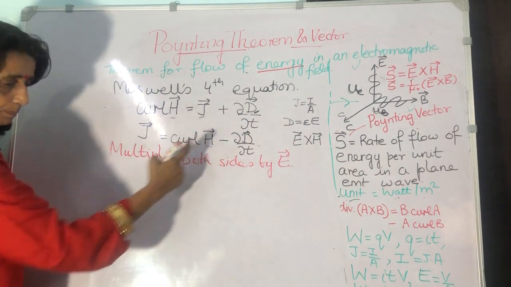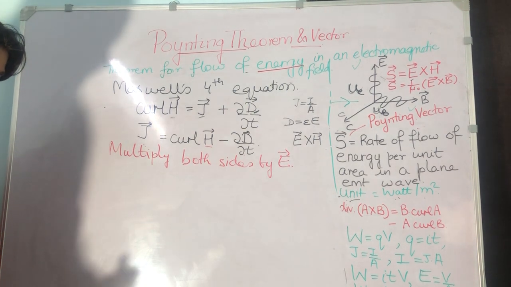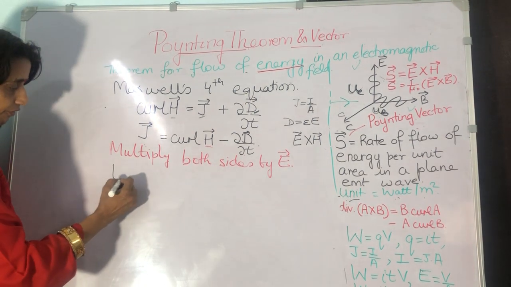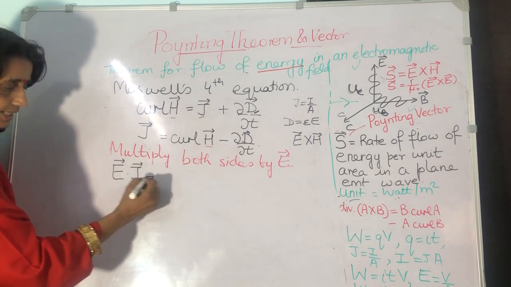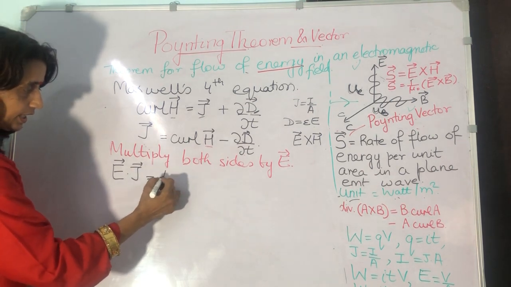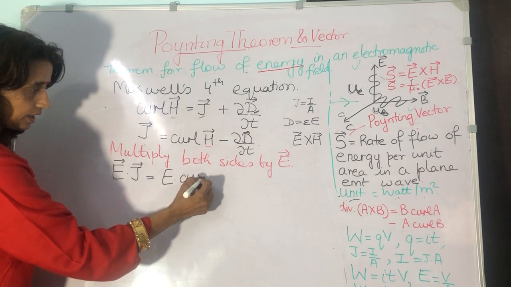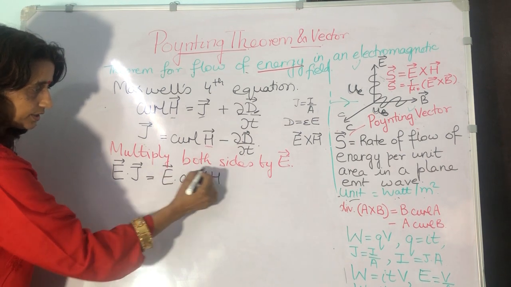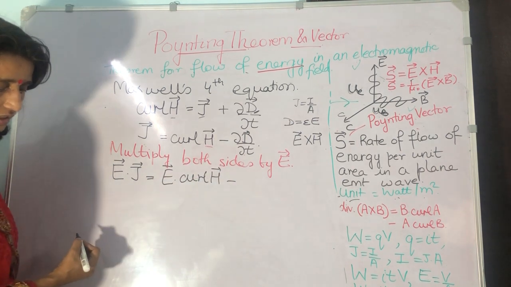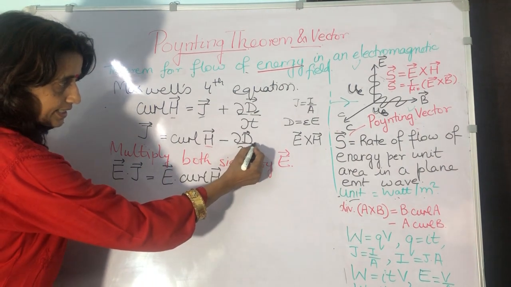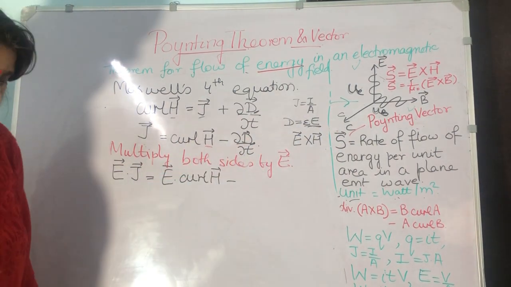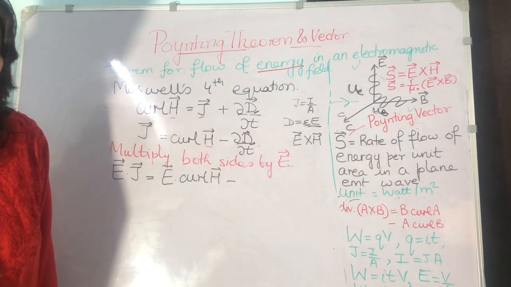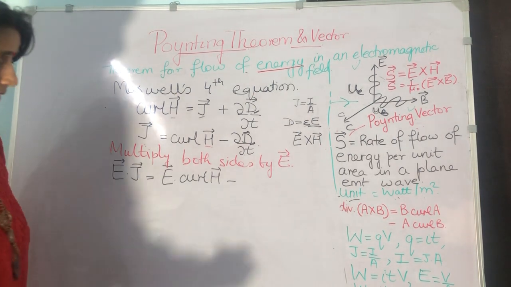When we multiply both sides by electric field E, we get E dot J is equal to E dot curl H, this is the vector representation, minus, instead of D we will put epsilon E, where epsilon is the permittivity.